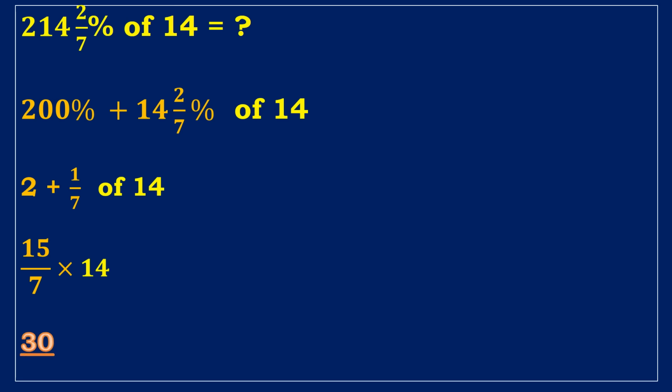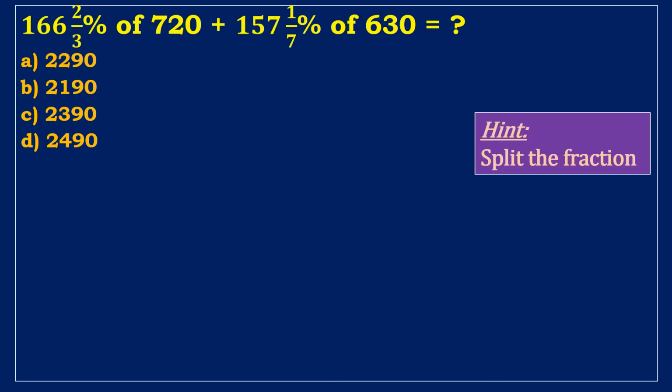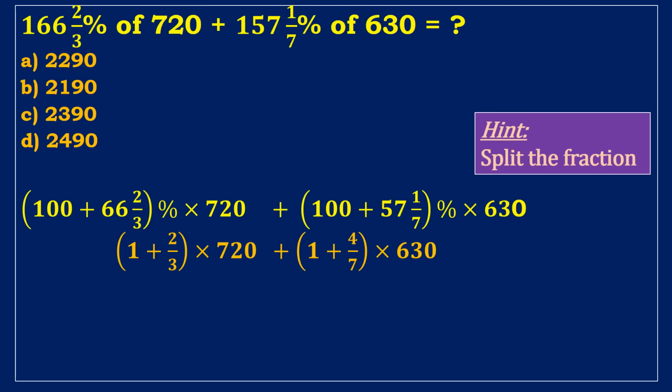The last example is simplifying 166 2/3% of 720 plus 157 1/7% of 630. The fraction of 166 2/3% can be expressed as 100 plus 66 2/3%, and 157 1/7% is 100 plus 57 1/7%. 100% is 1. 66 2/3% is 2 by 3. 57 1/7% is 4 by 7.